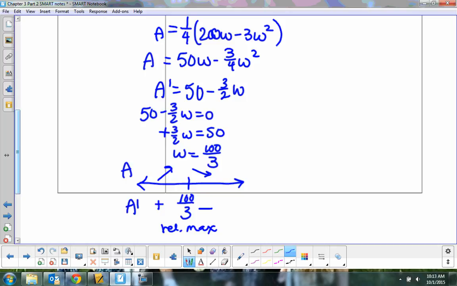If I asked you to prove that it is a relative max, is that enough information? No, what would you have to say? It's a relative max because A prime goes from positive to negative at W equals 100 thirds. So we know our W.